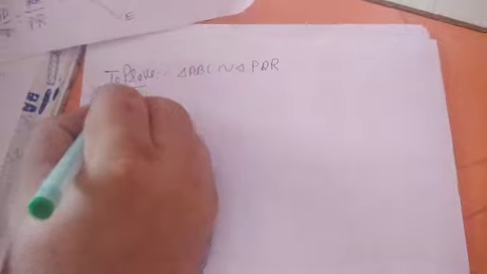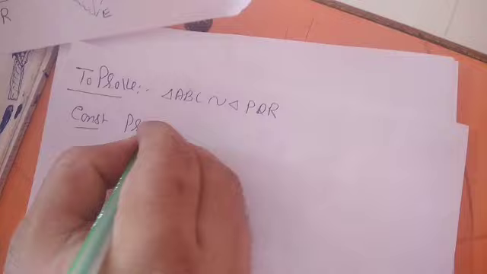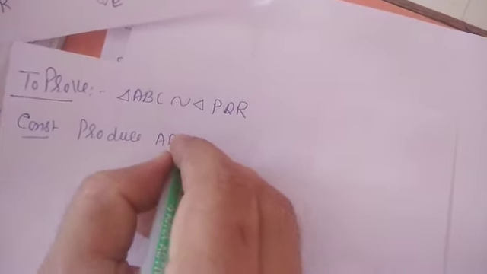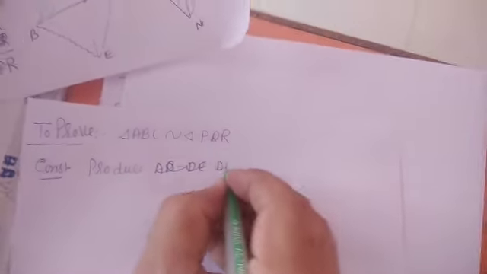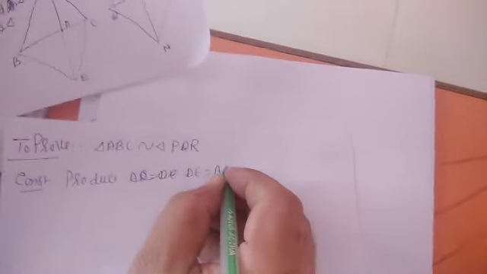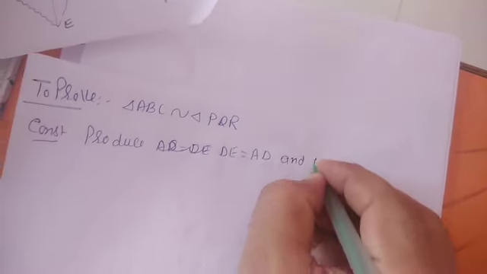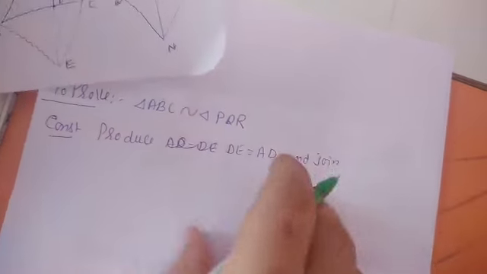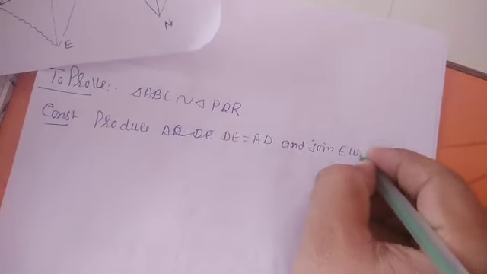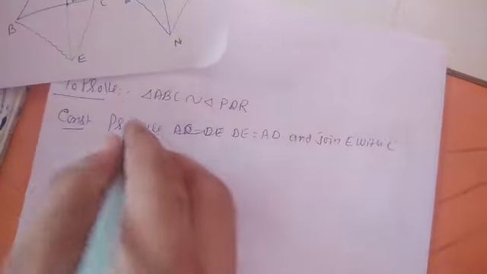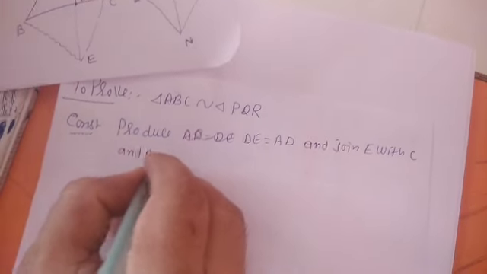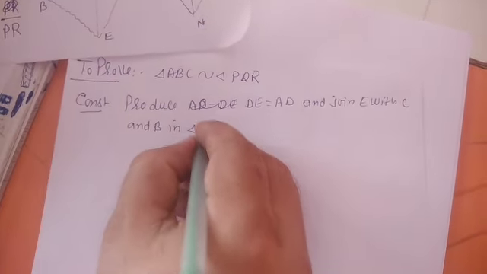Construction: produce AD so that DE is equal to AD, and join E with C and B in triangle ABC.